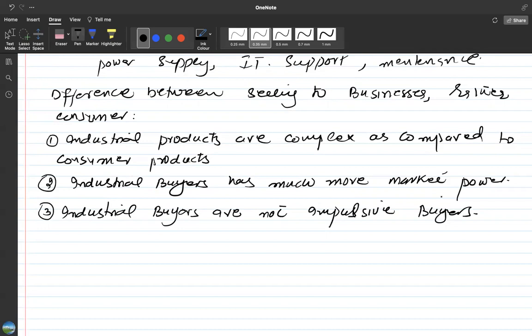They will only purchase after long considerations and detailed analysis of the alternative products. So when a business is selling a product in B2B, business to business markets, the business will have to be in regular contact with the industrial customers and explain everything about the product, the qualities of the product, to sell them.